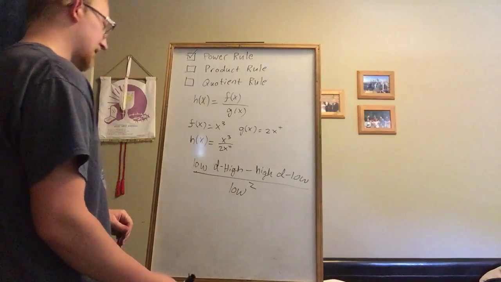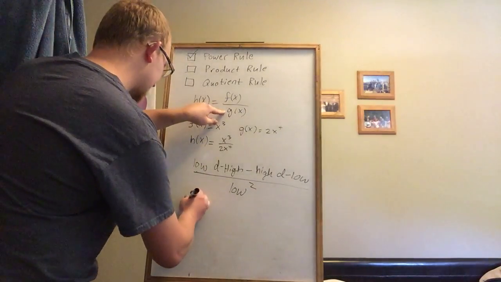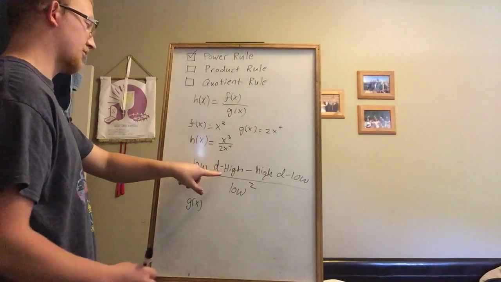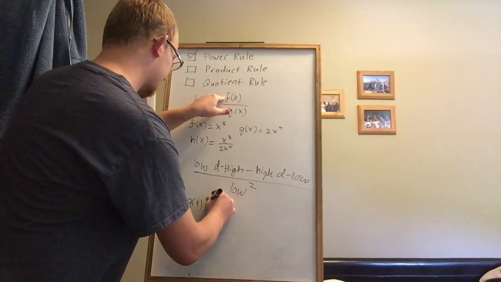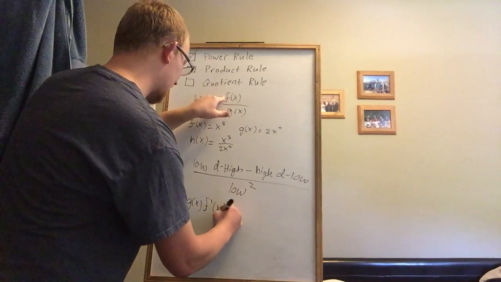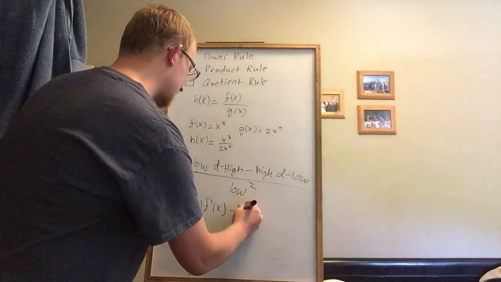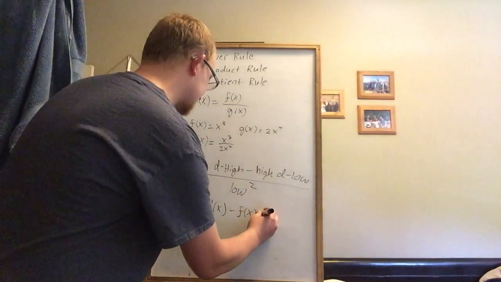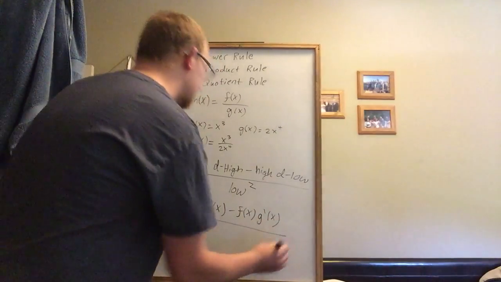And what I mean by that is whichever one's lowest, that would be g of x, times the derivative of the high. Well, the higher function is f of x, and the derivative of that with respect to x is f prime of x, minus high, which is f of x, d low, which is the derivative of g of x, g prime of x, all over low squared.